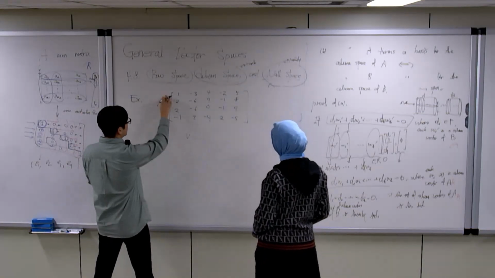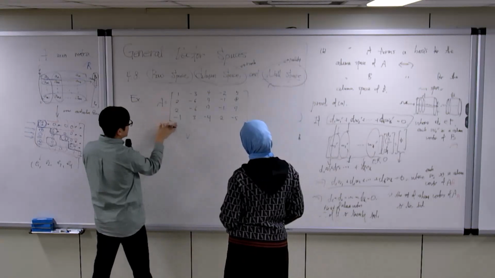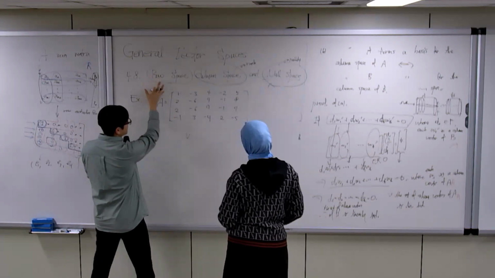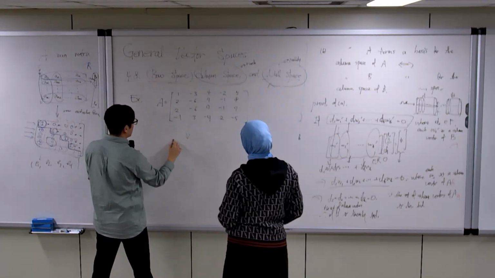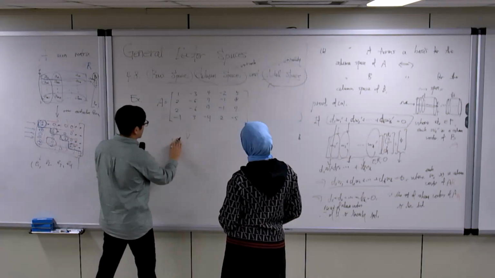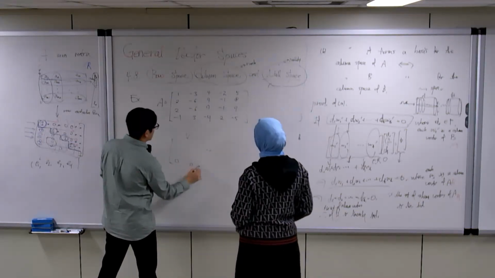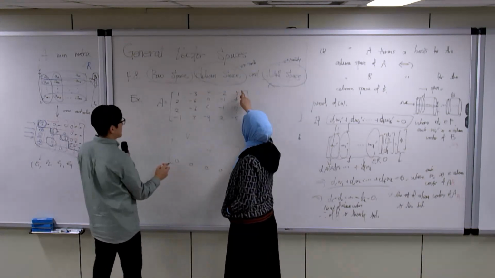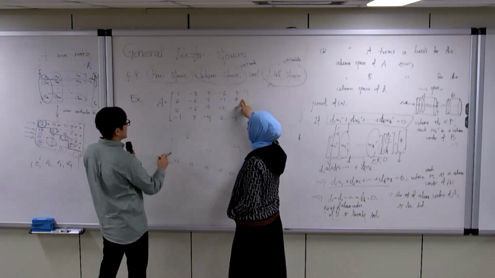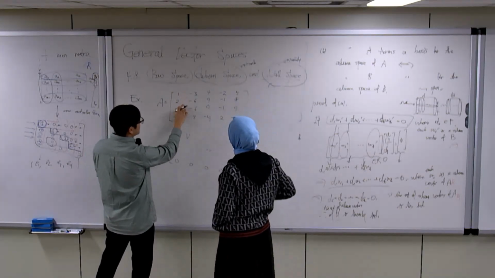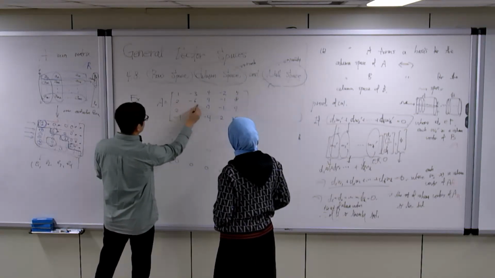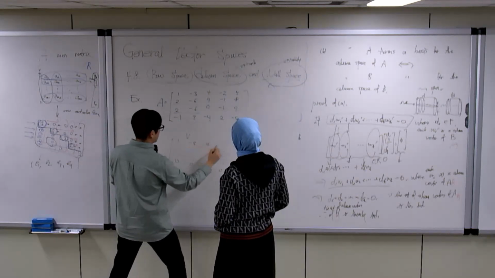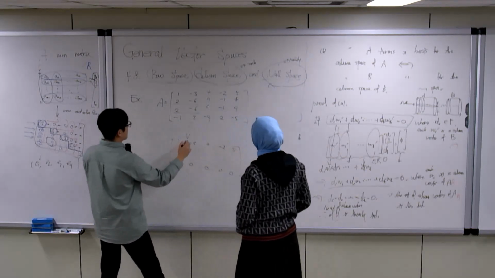In here, by adding the first row to the last row, the first row is the same, and the last row will be 0. Multiplying by 2 and subtracting, it will reduce this line. Let me write it together.